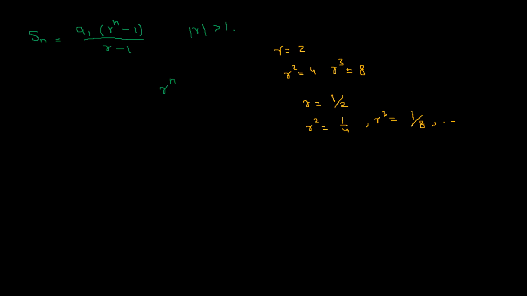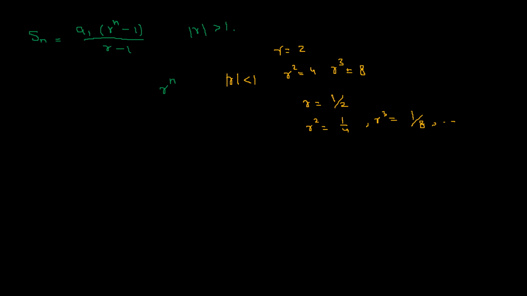So it means that if r mod is less than 1, then increasing the power of n will decrease the whole value. And if n is bigger and bigger, meaning n is tending to infinity, then the whole thing will tend to 0.